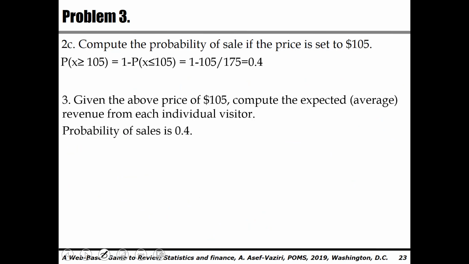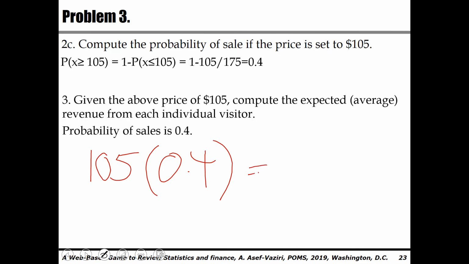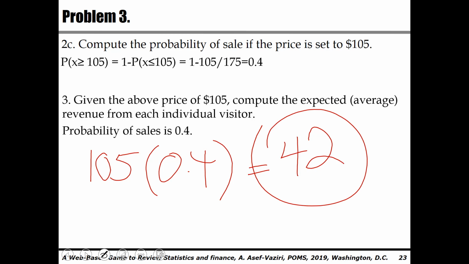If the visitor was buying our product with 100% probability, we would have collected $105. But there is only 40% probability that he buys it or she buys it. Therefore, 0.4 times 105 is equal to 42. From each visitor, we collect $42. How many visitors? 70 times 42 is our total revenue per day.